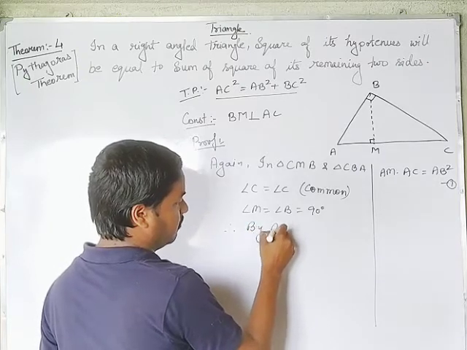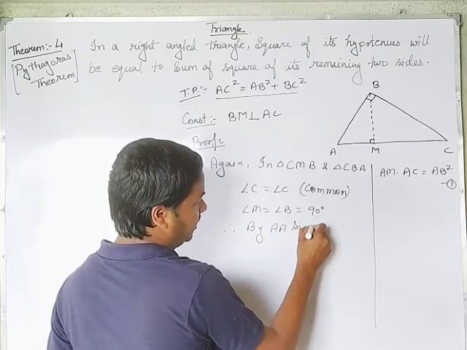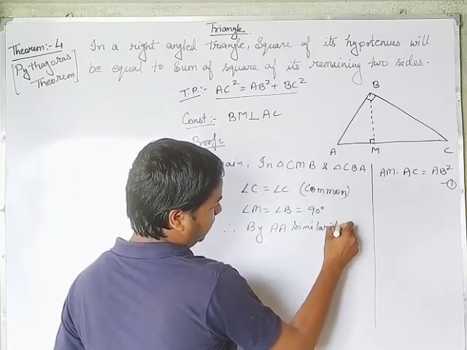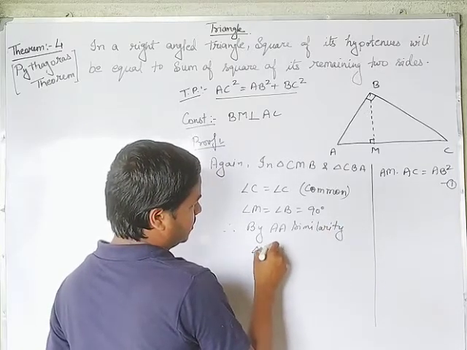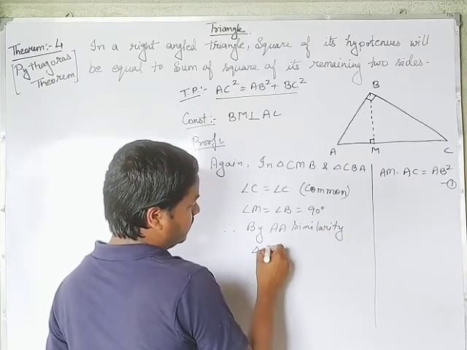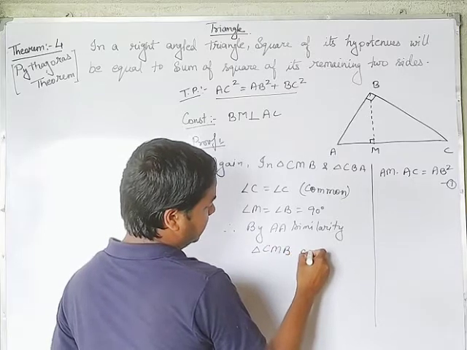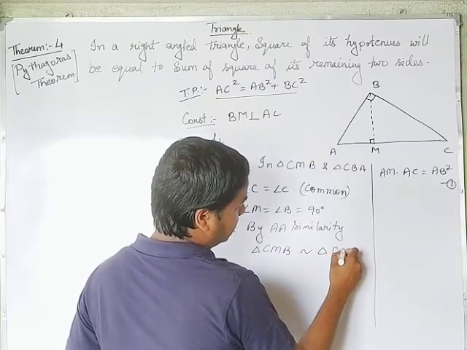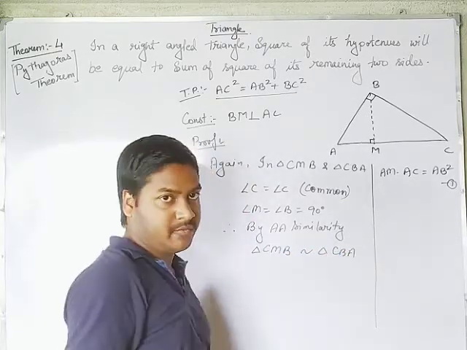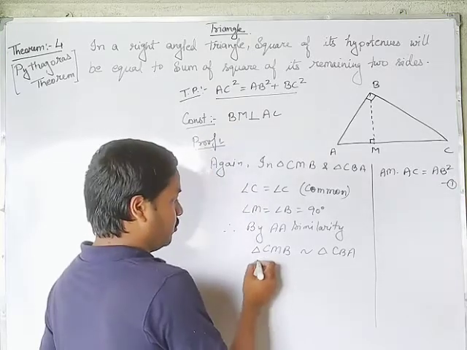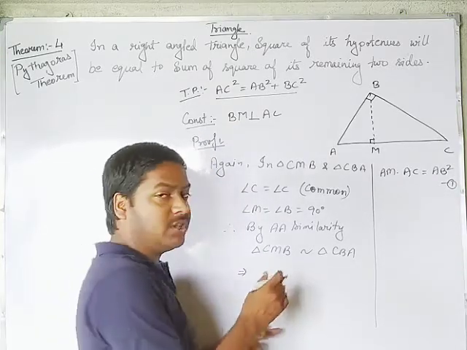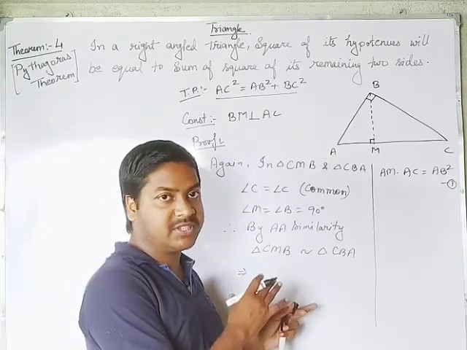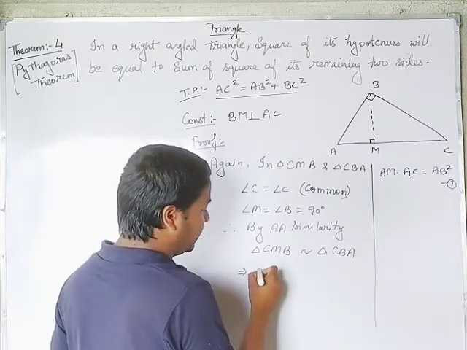Therefore, by angle similarity, triangle CMB is similar to triangle CBA. We can write that now. If it is similar, then the ratio of the sides will be equal. Then what will we write?